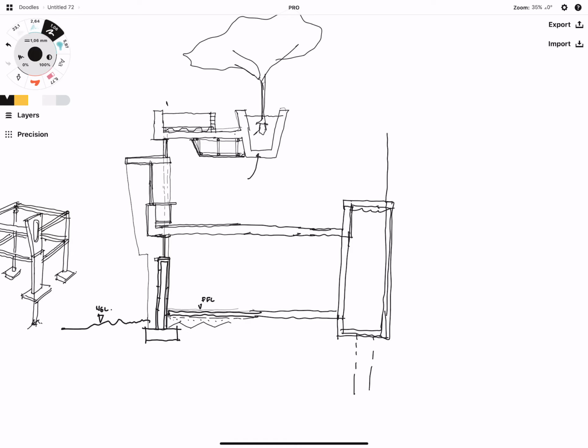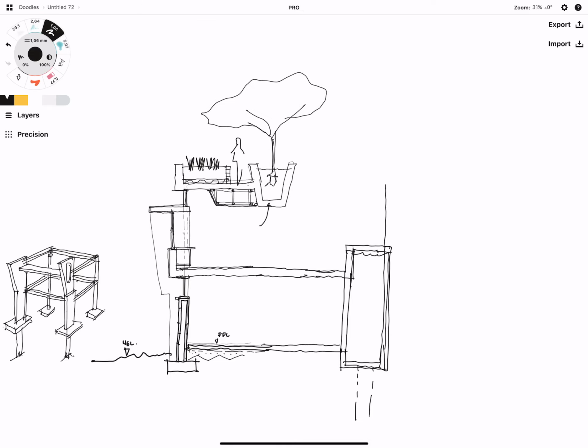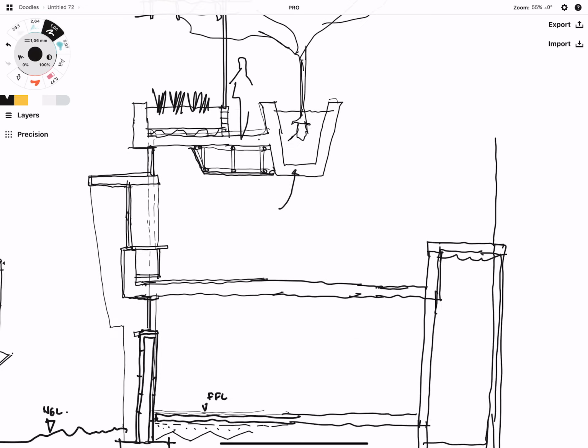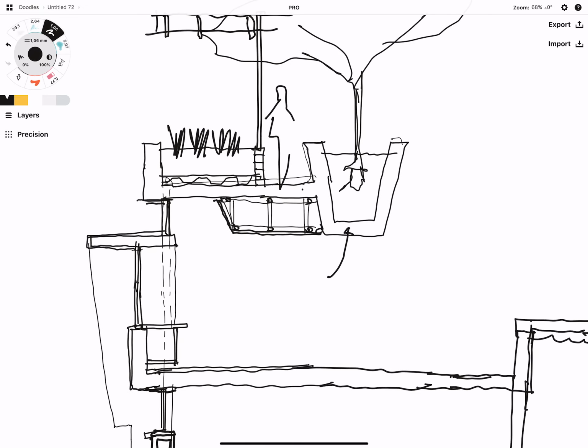This is where we plant all our stuff. Timber pergola. Remember to draw the plaster.